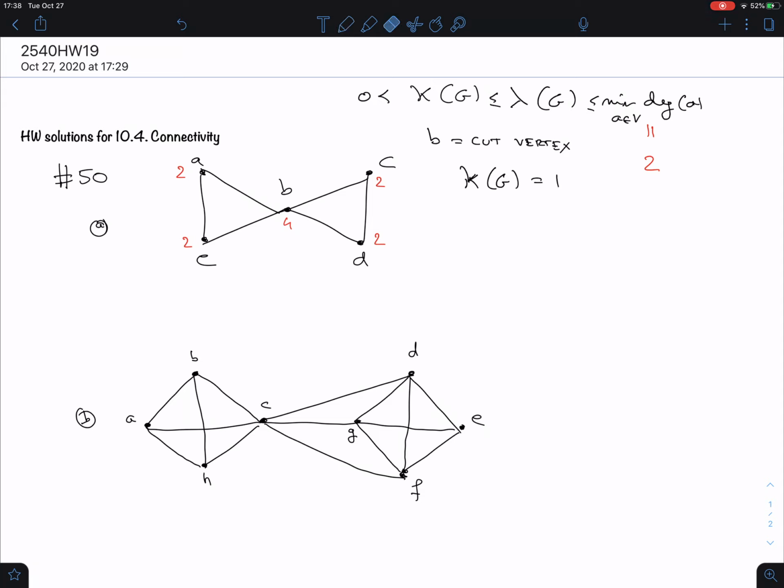If we try to remove this edge, everything is still connected. If I remove this edge, and it's rather symmetric actually, so the only two types are the ones that connect with the central guy or these types, but neither one disconnects the whole thing. So there is no cut edge.